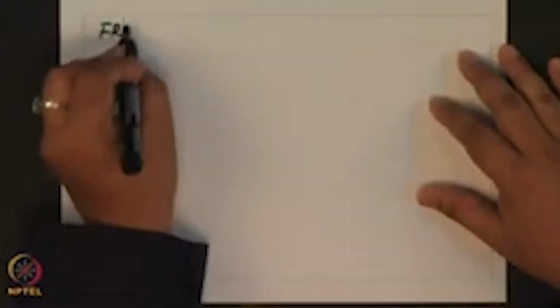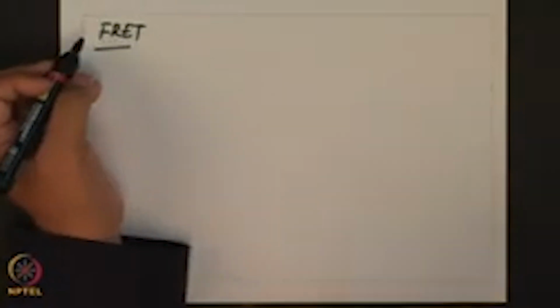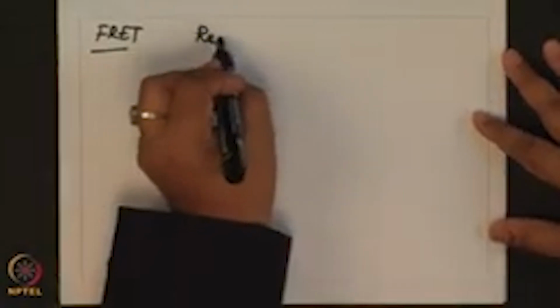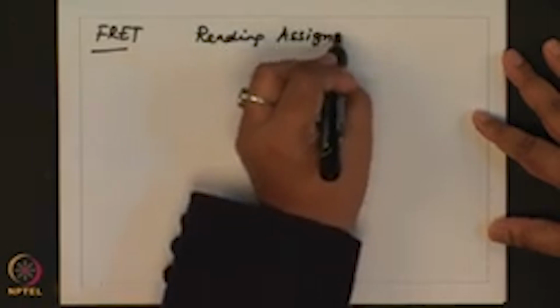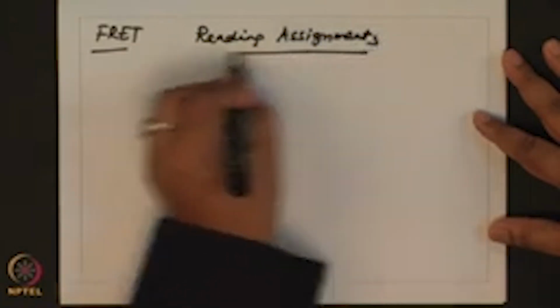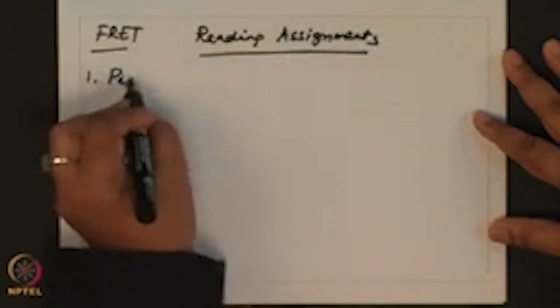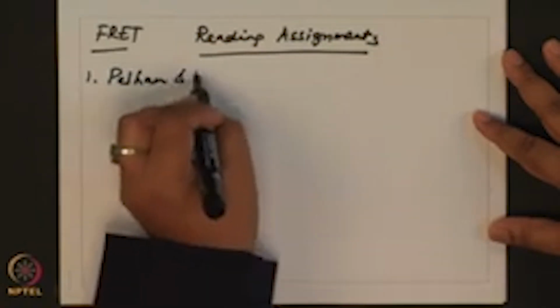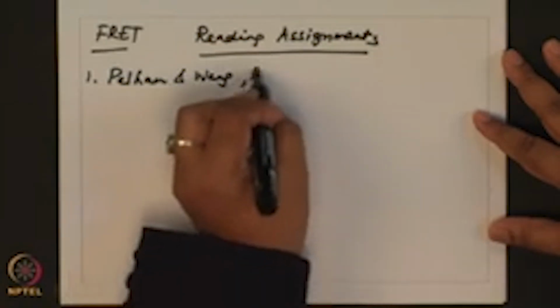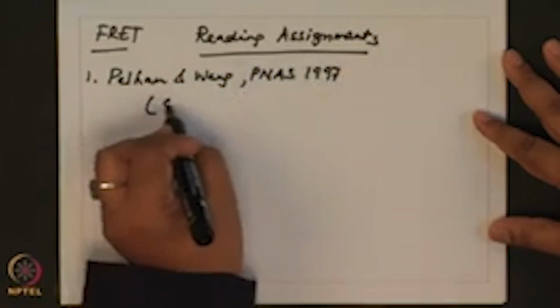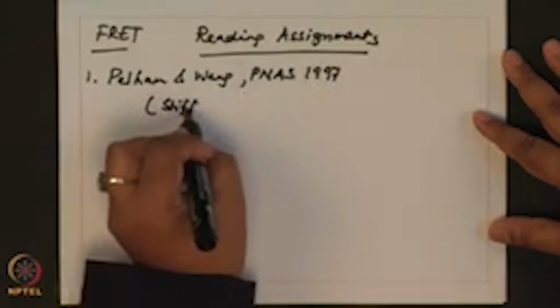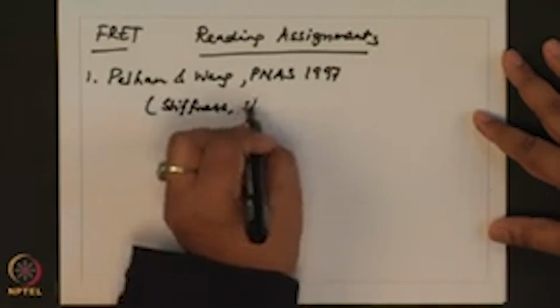In the past few weeks, we have discussed various papers. I would like to list some of the reading assignments that you would have to do for the last one week. First of all, read the Pelham and Wong paper, which linked stiffness and spreading.